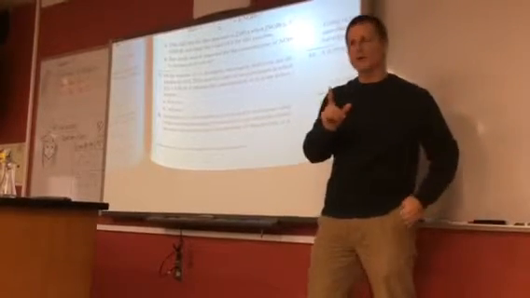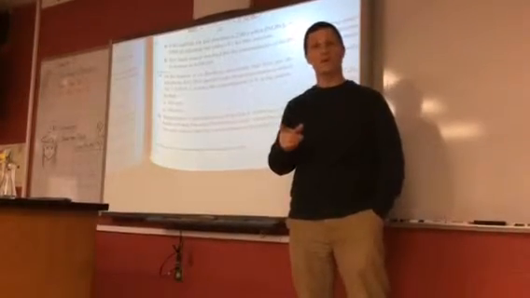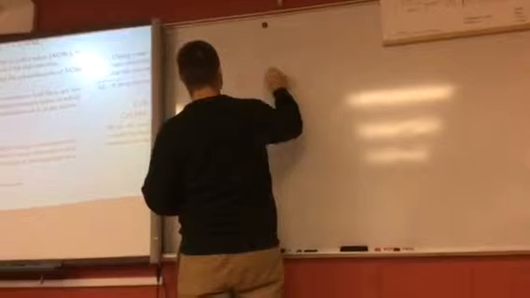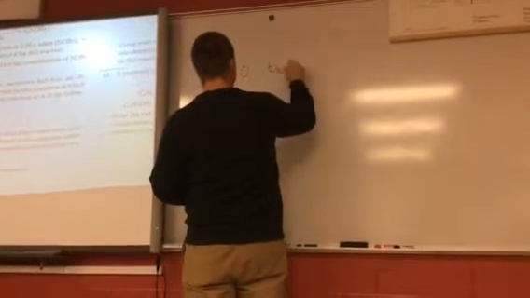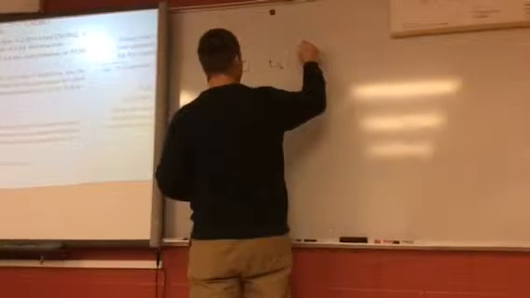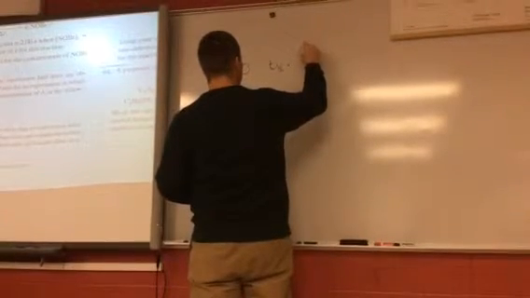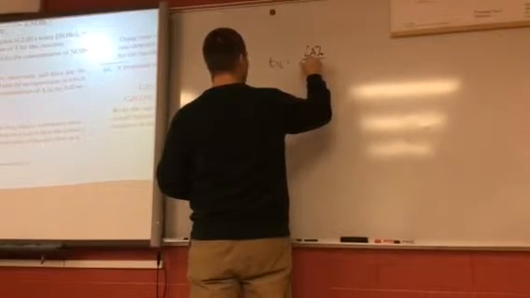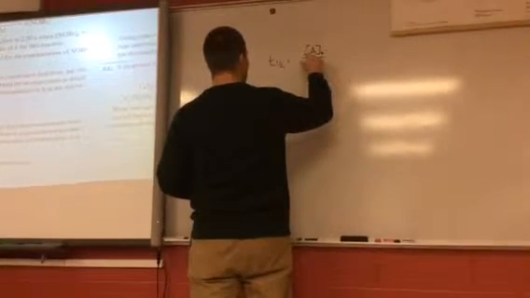What order is this reaction? Is it zero order, first order, second order? Now, I know some of us have already talked about it, but for zero order, the half-life equation is A0 over 2K. Is there a 2 in there? Yes, it's 2K.